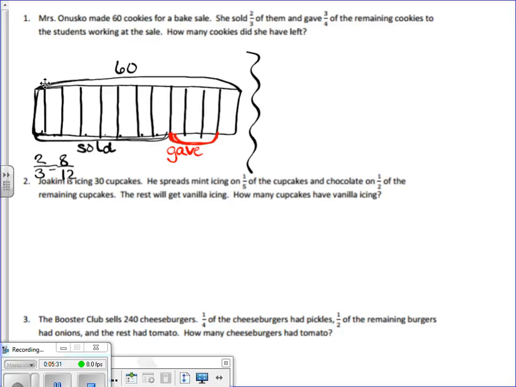So we still need to find out what number would be in each unit. What number should be here? 5. How did you figure that out?